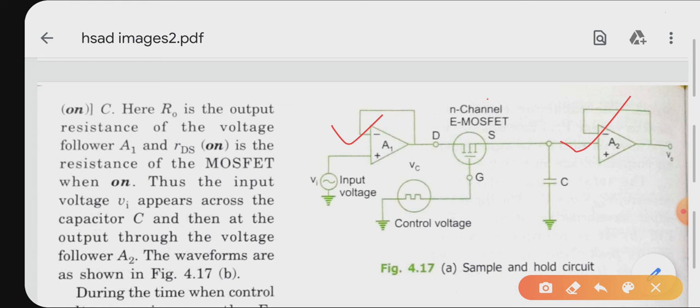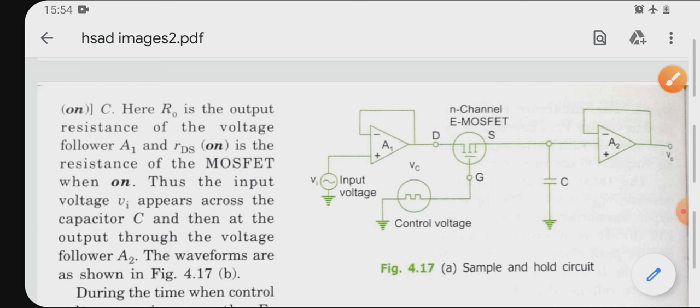In between there is a control switch, an electronic switch as a MOSFET, and control voltage is applied to this switch. So the original circuit is only this much, which is doing the work of sampling and holding the signal.